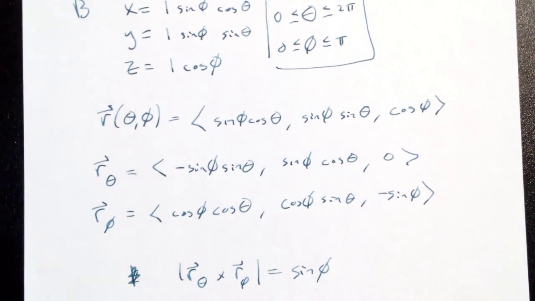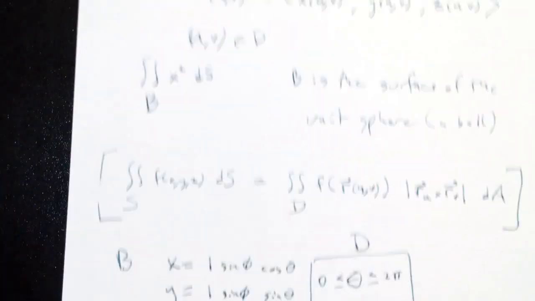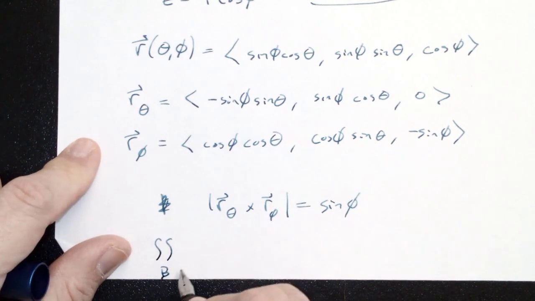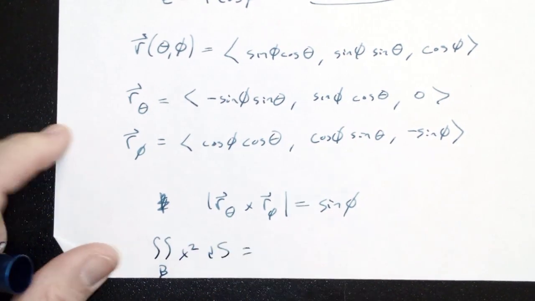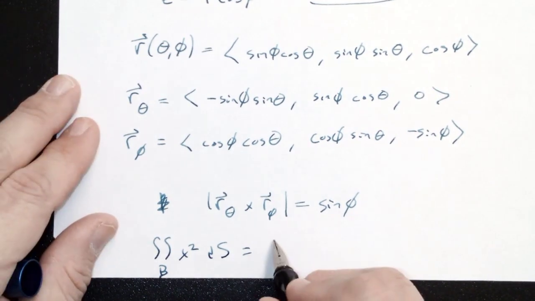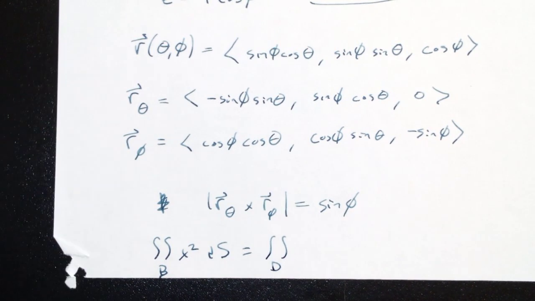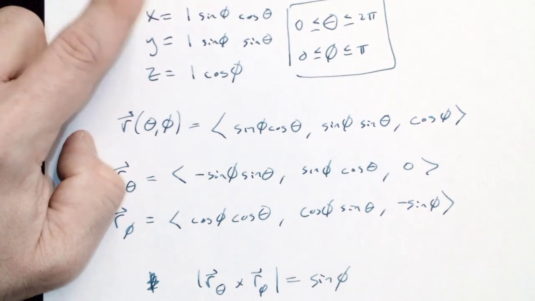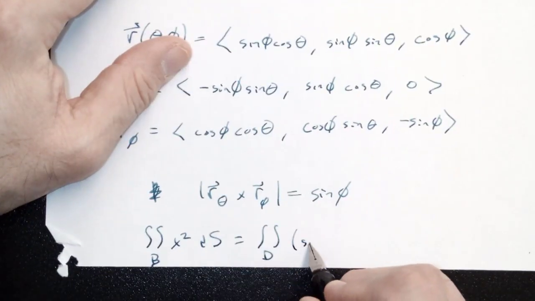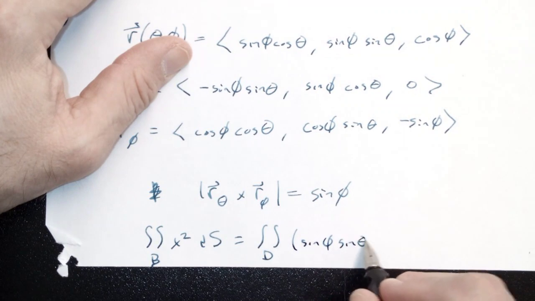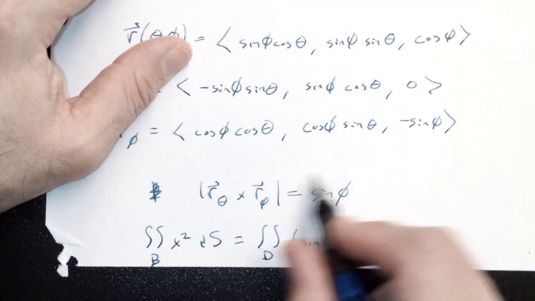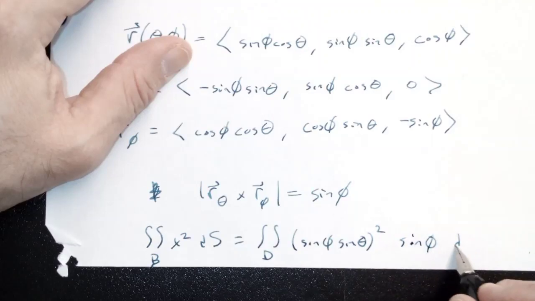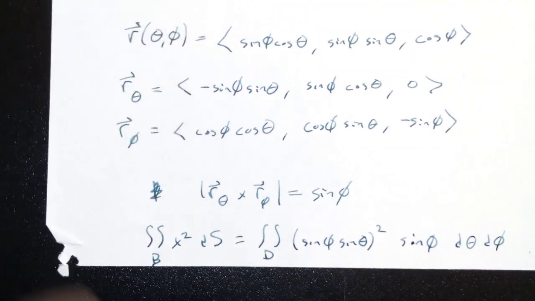So I want to do my integral. The double integral over the ball of x squared dS becomes the double integral over my domain D of x squared times the length of the cross product dA.